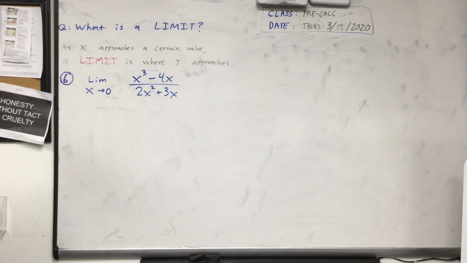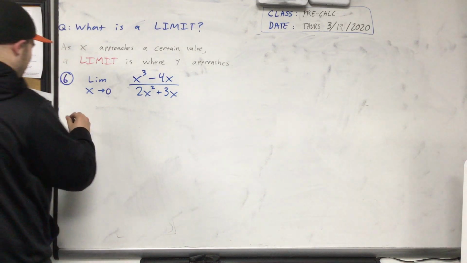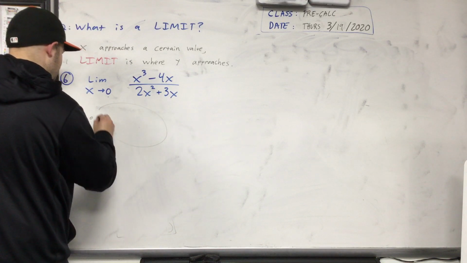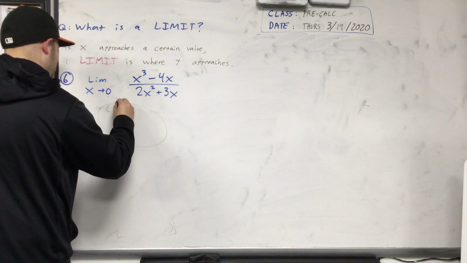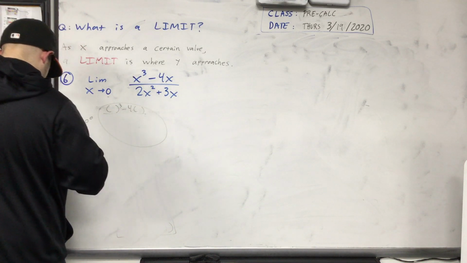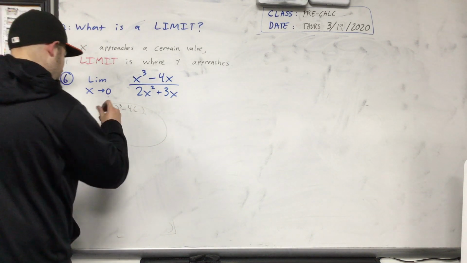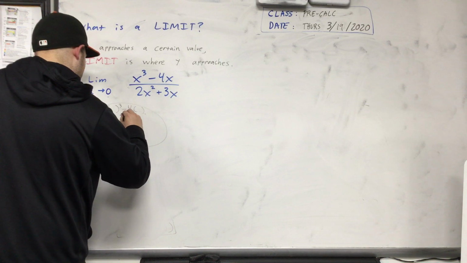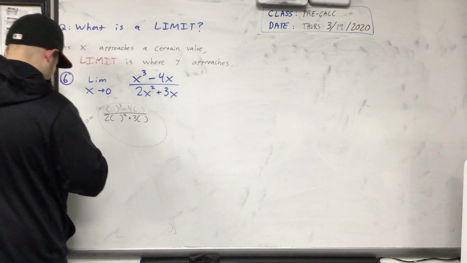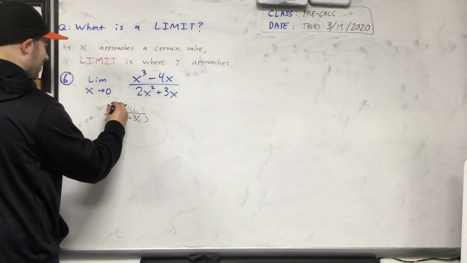So I'm going to do my same old song and dance right here, except I'm going to do my thought bubble because I like showing off my brain. 0 cubed minus 4 times 0 over 2x squared plus 3x, but I'm going to plug in x equals 0. You can see where this is going to go.